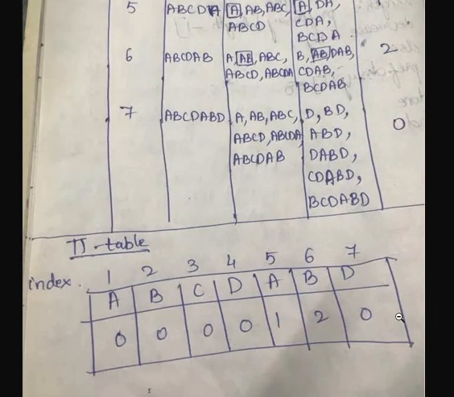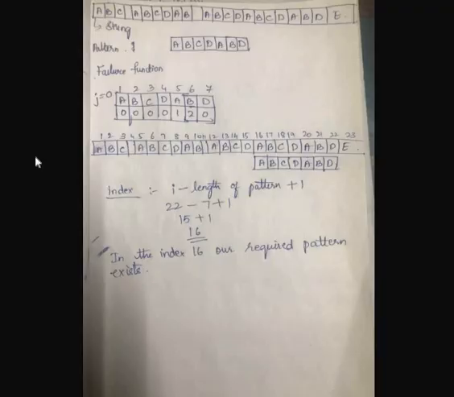Okay, that you have to note down. Now the given string is ABC, ABCD, AB, ABCD, ABCD, ABDE. Our pattern is this one. We derived one pi table, right? This is the pi table, and this 1, 2, 3, 4, 5, 6, 7 is nothing but the index we have given.